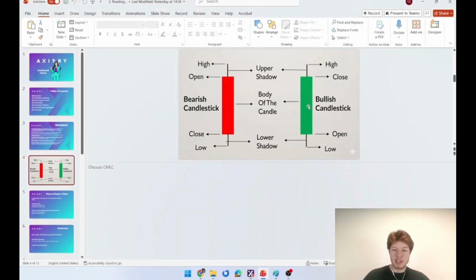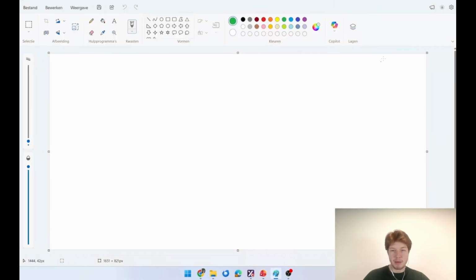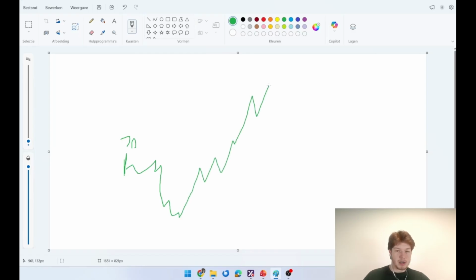For example, if we take again this candlestick and we get my drawing application, we can visualize this concept. Let's say price opens here. This is midnight UTC. And it opens at 10,000. It does something like this, it goes down, and then later on the day it goes sharply up.